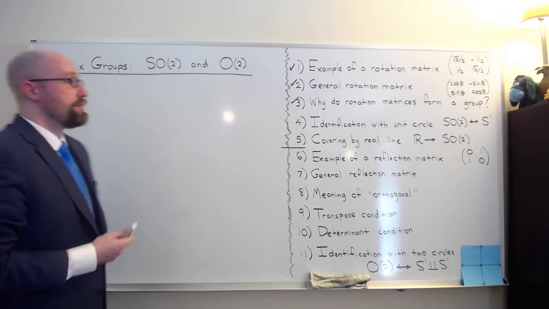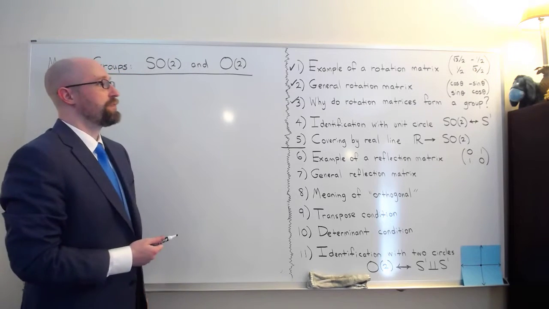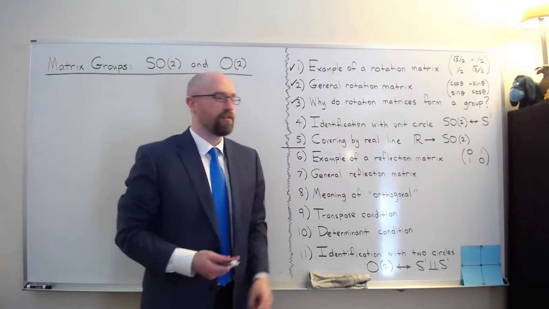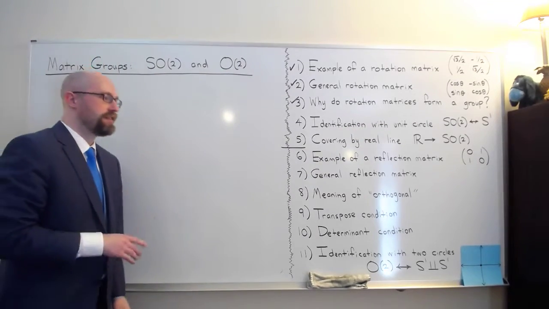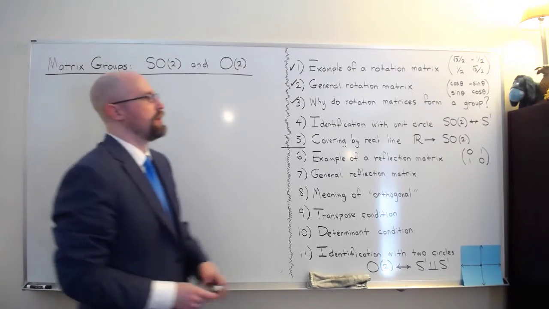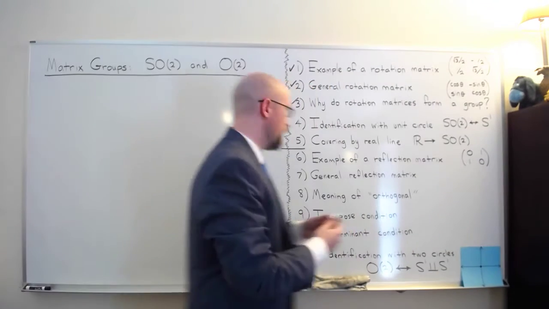And so what I want to convince you of in this video is that you can, in some sense, think of this group, this rotation group of rotation matrices, as being the same as the unit circle, which we call S1.